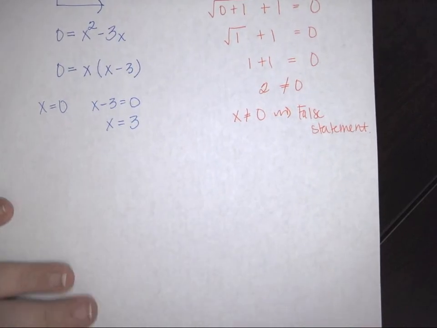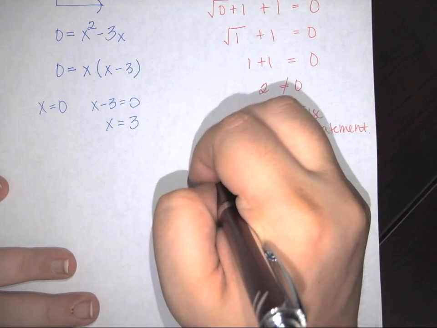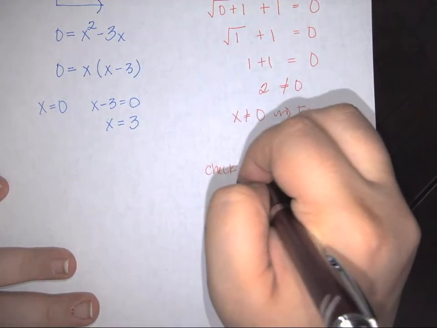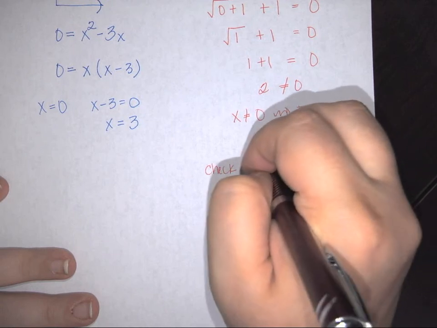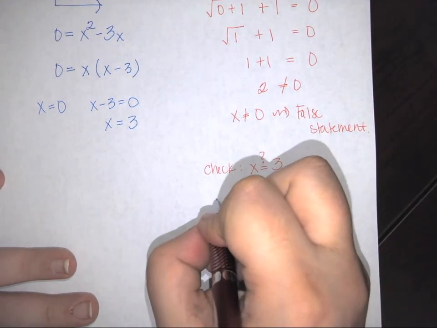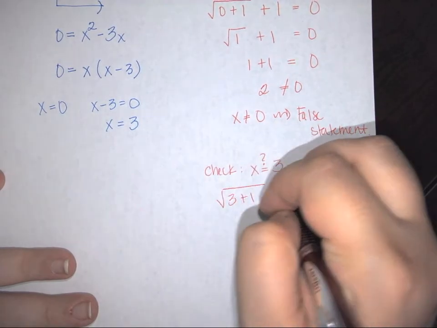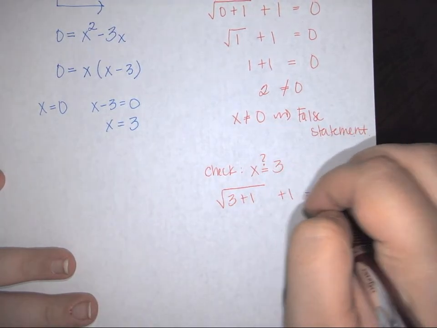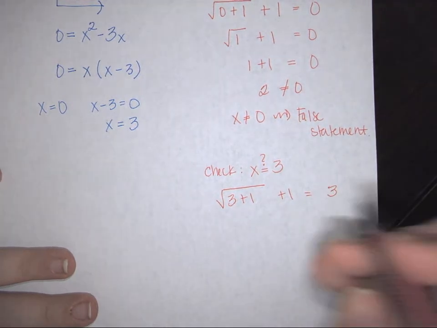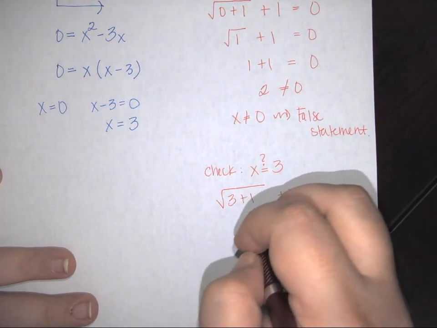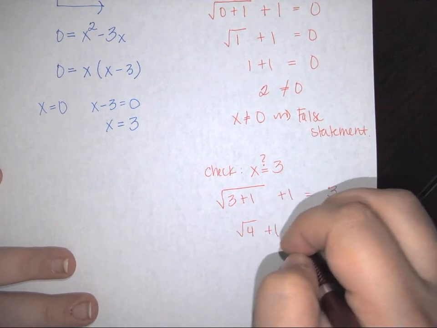Now I have to check the other one. So now I want to check whether x can equal 3. I start with my square root again, and this becomes 3 plus 1, plus 1 equals 3. 3 plus 1 is 4, plus 1 equals 3.